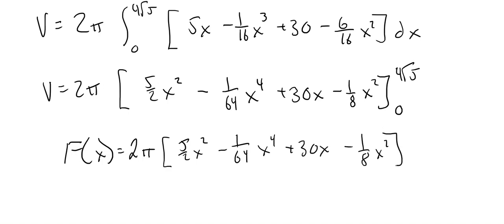And then you're going to find F of 4 radical 5 minus F of 0. I don't know what that comes out to, but you can just do that in Desmos, and that will give you your final answer.